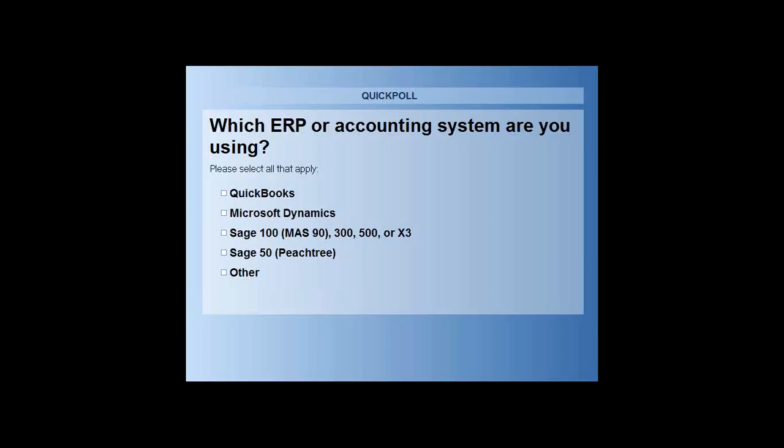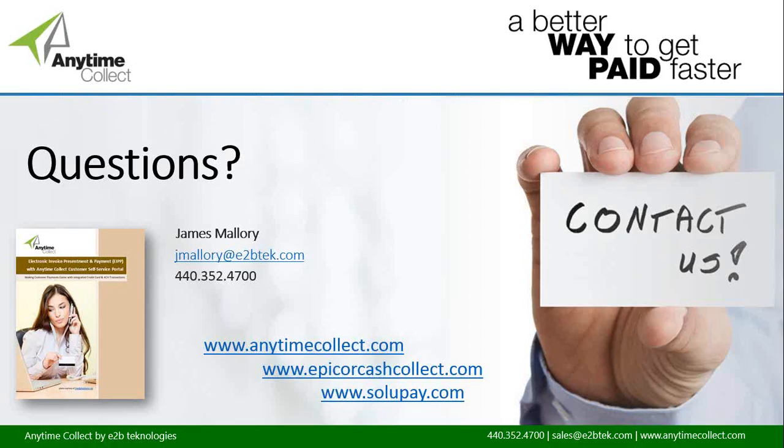They actually floored us. They came back and told us that within 1 year of using Anytime Collect, they were able to reduce their day sales outstanding by 40%. They went from a DSO of about 67 days down to a DSO of 40 days. That's 27 days faster, almost a month faster.